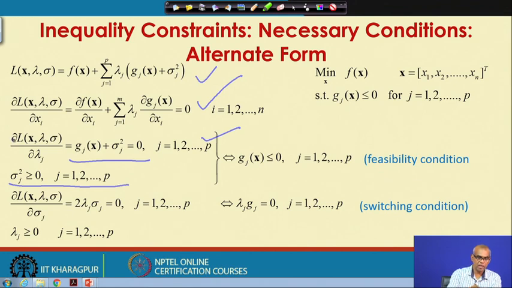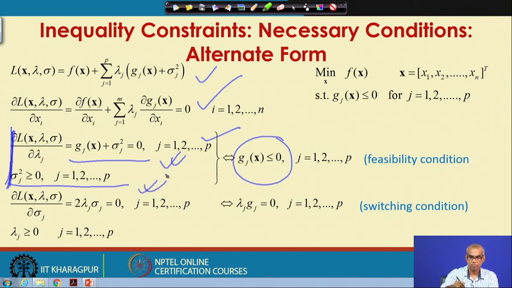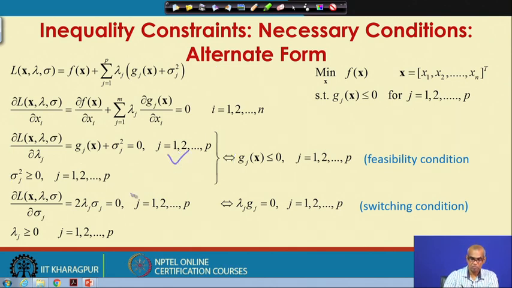Now, note that these two constraints can be combined as the g less or equal to 0 constraint, because this constraint and this constraint basically ensure g less or equal to 0.